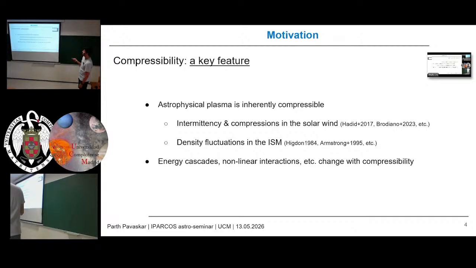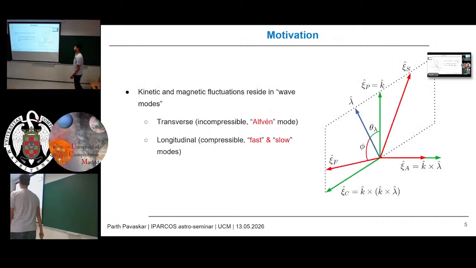So I hope I have convinced you enough that we cannot ignore compressibility and that this needs to be considered in the community, and probably should already have been a long time ago. Right. So if we want to observe this, other than the density fluctuations, which might have some other origin, how can we observe this?